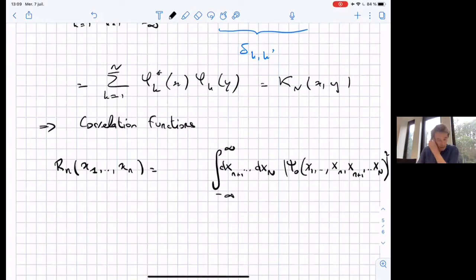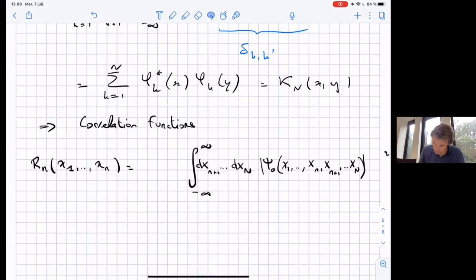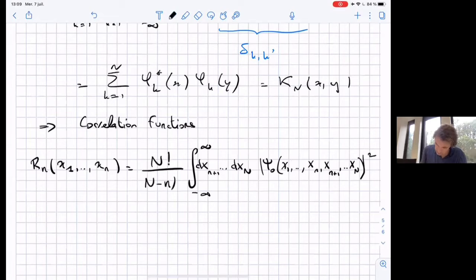Now, for some combinatorial reason, and also historical partly, so let me just write this better. There is a combinatorial factor here, which is due to the fact that the measure is invariant under permutation of any of the xn's.